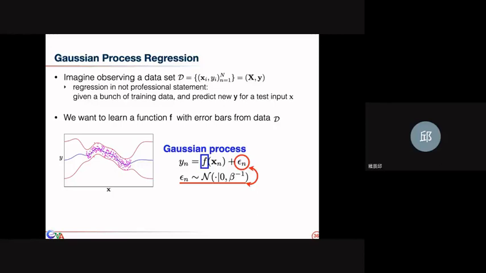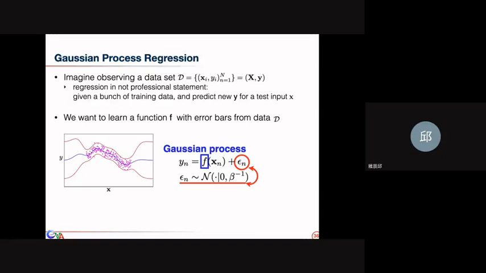Now let's try to put a Gaussian process on this function, and also we put a small noise epsilon on this equation.